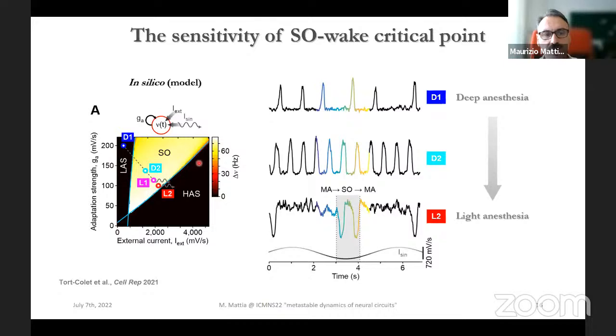Once you approach this critical point, the one separating the slow oscillation phase and the asynchronous wake-like state, you see that the slow oscillations are sparse, irregular, then start to be regular, and you start to see this alternation between the microarousal and slow oscillation.